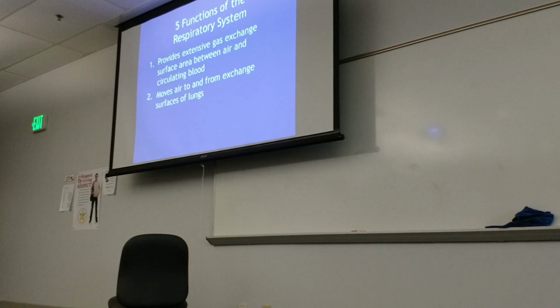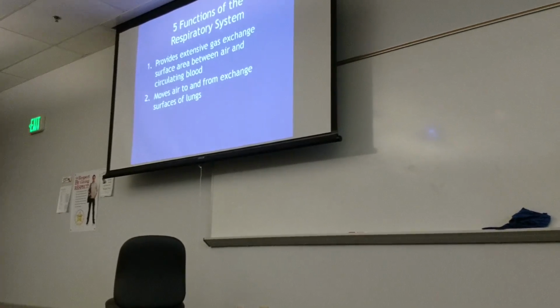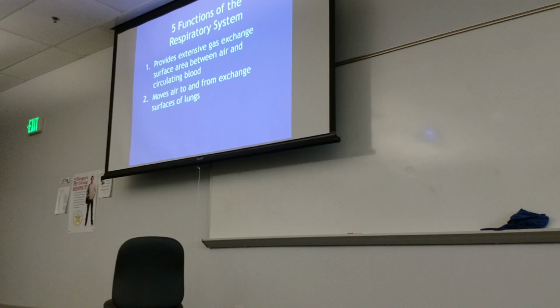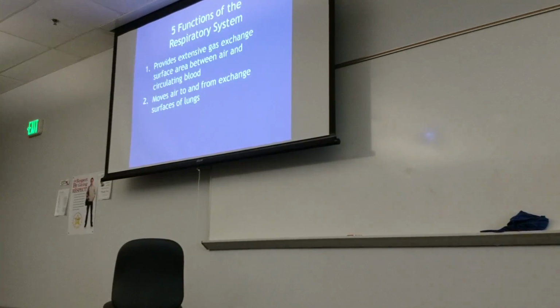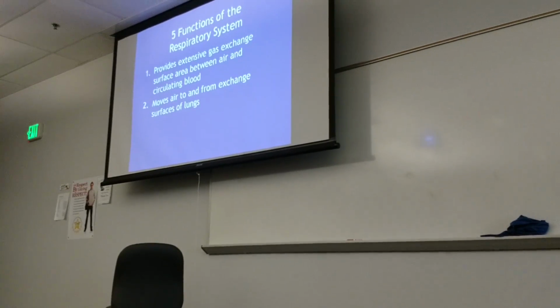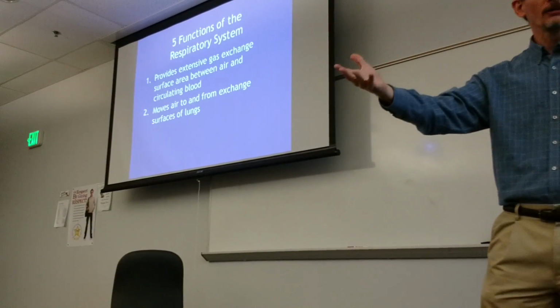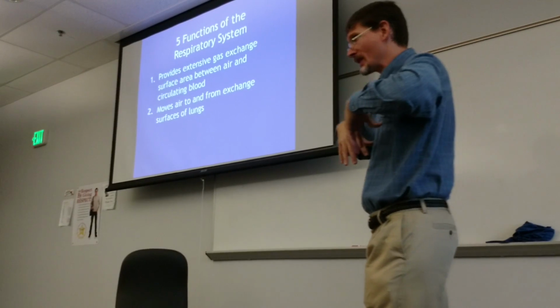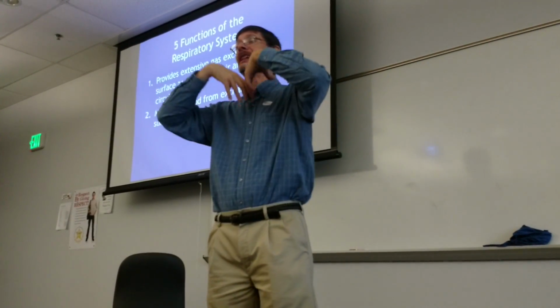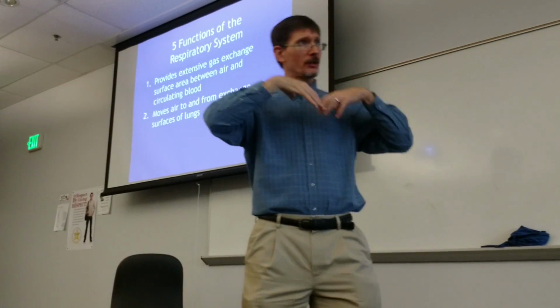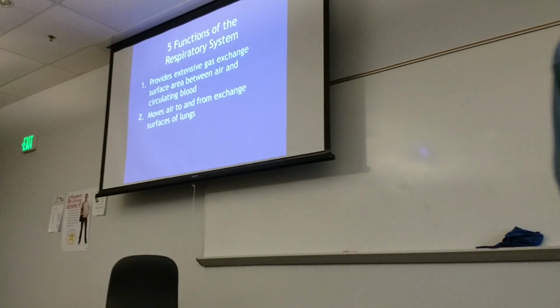Number two, because we are bearing those exchange membranes in our body, in the lungs, we have to have a set of systems that allows us to exchange air. In other words, to take air from out here, move it down to those respiratory surfaces, and then have a way of getting it back out. So that too is a function of the respiratory system.